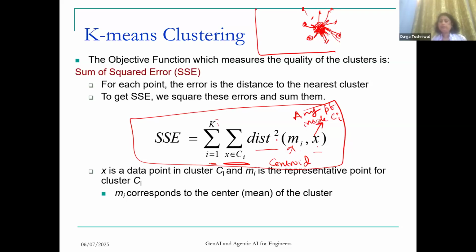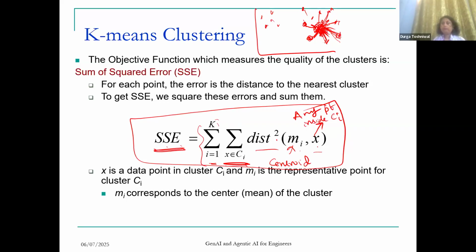However, the mean is different because the points are distributed in this fashion. Therefore, we find the distance of each and every point with respect to this cluster center, square it, add all such distances, and then do this process for all the clusters. This is the summation over all the clusters, and this is your objective function, which is the sum of squares of errors.